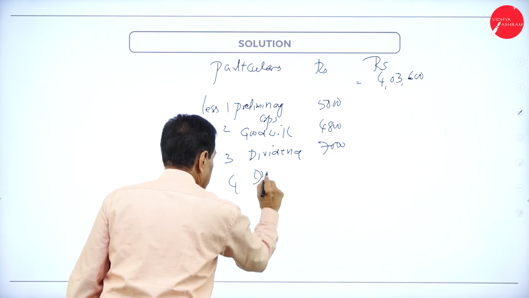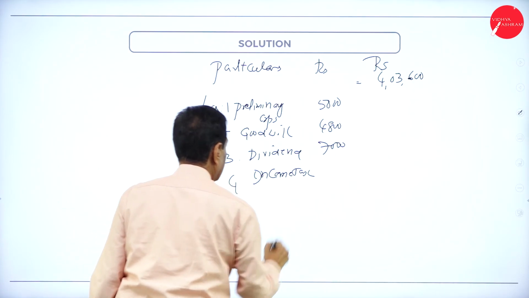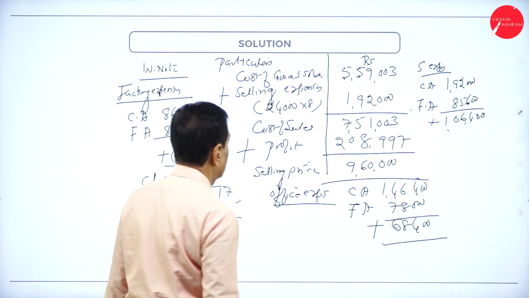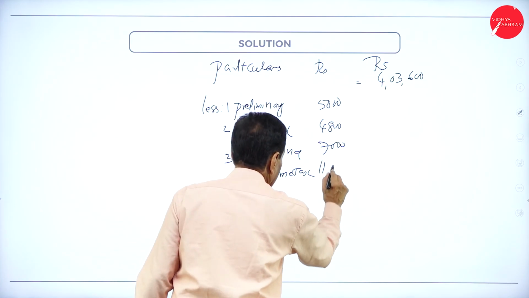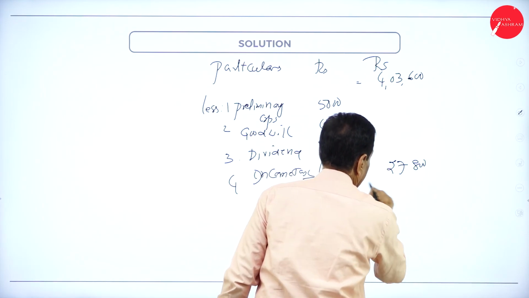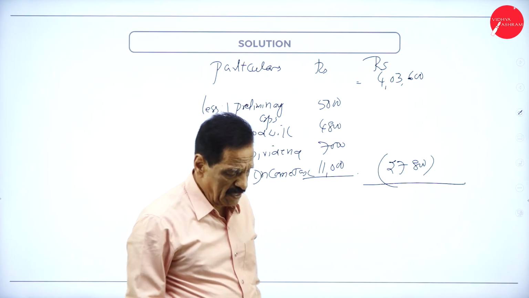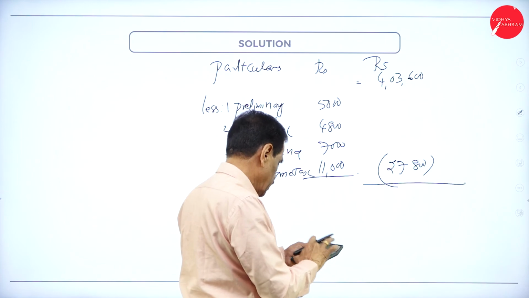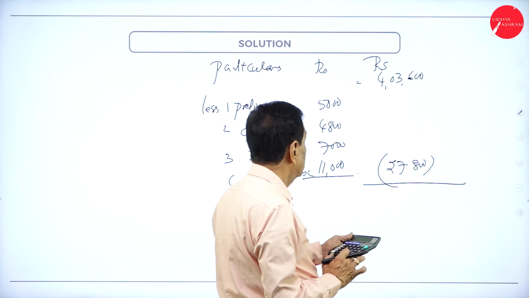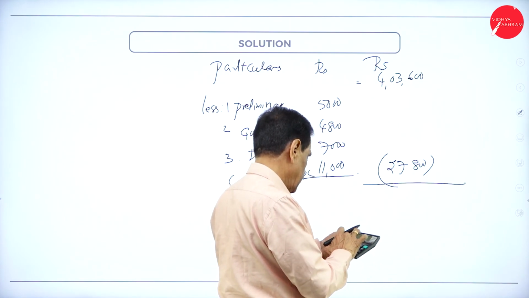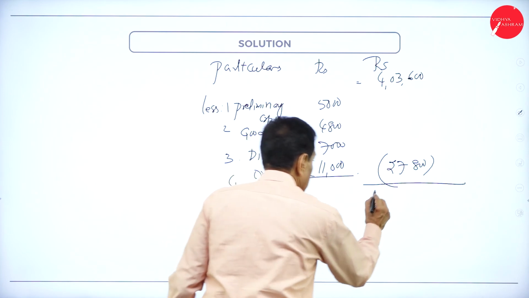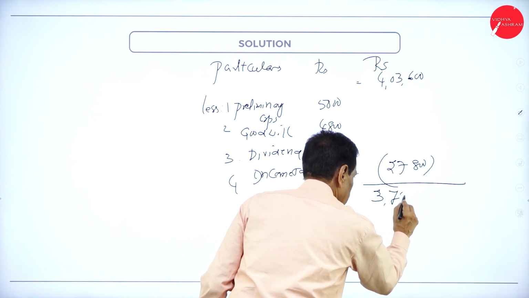Number 4, income tax, 11,000. Add, 27,800. 4,03,600 minus 27,800 gives 3,75,800.